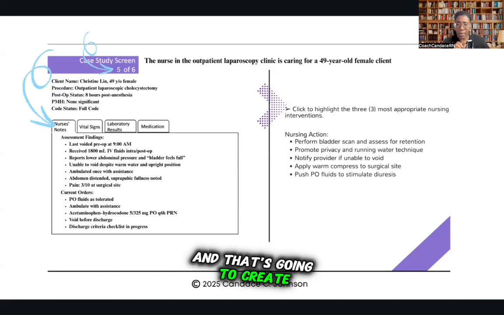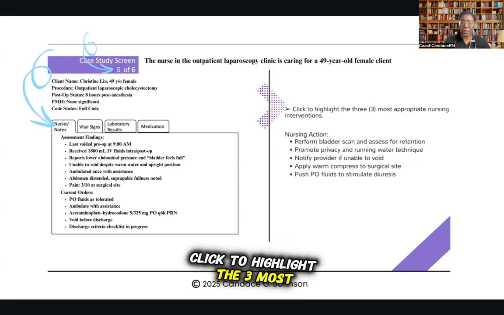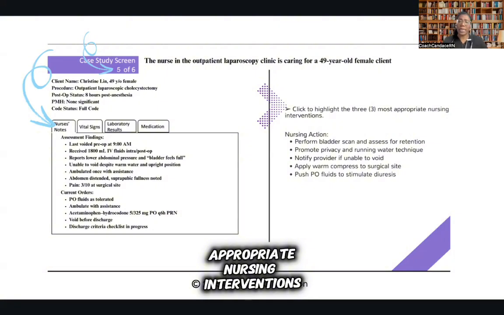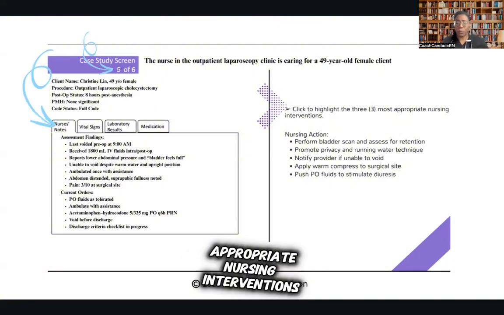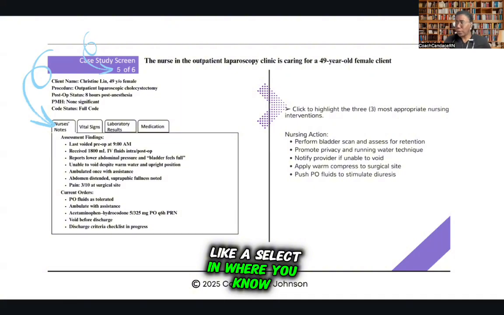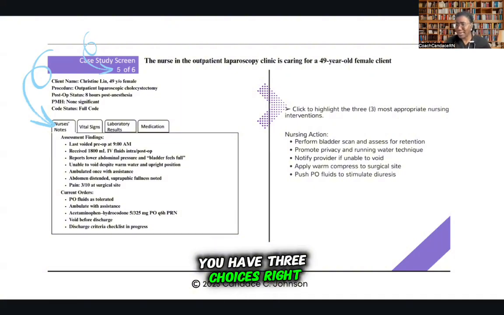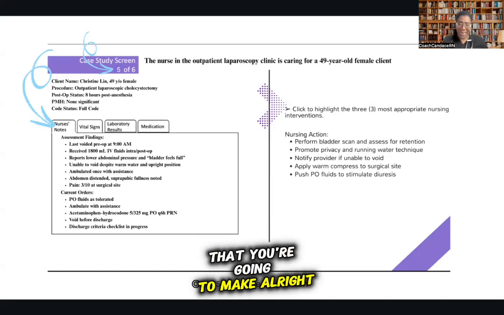And that's going to create a highlight over the areas that you want to select. And in this case, the question is click to highlight the 3 most appropriate nursing interventions. All right, so it kind of works like a select in where you have 3 choices, right? Out of the 5, you have 3 responses that you're going to make.